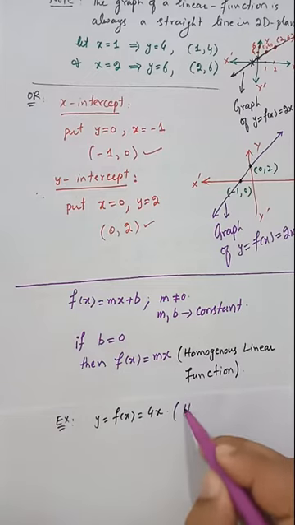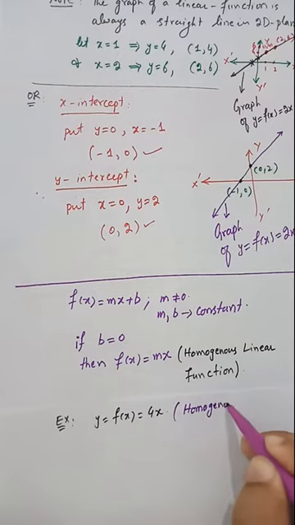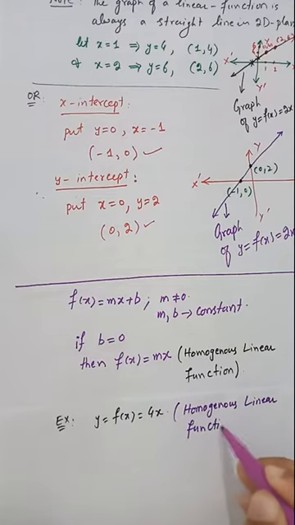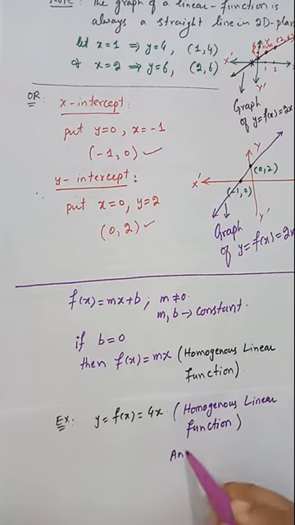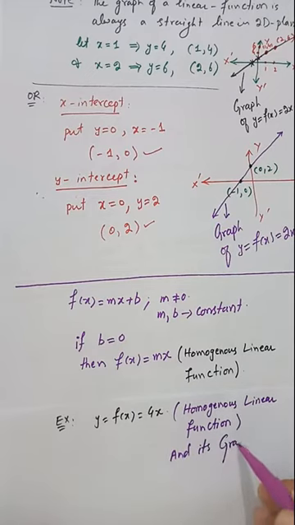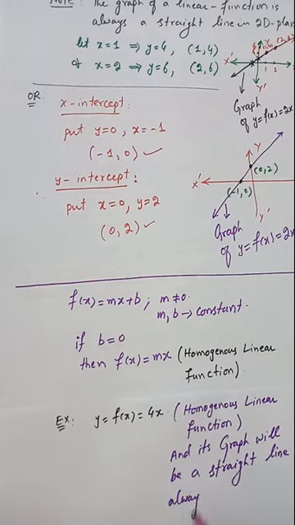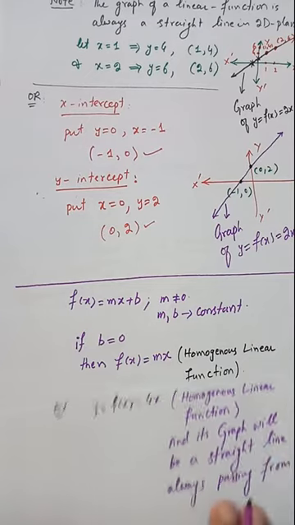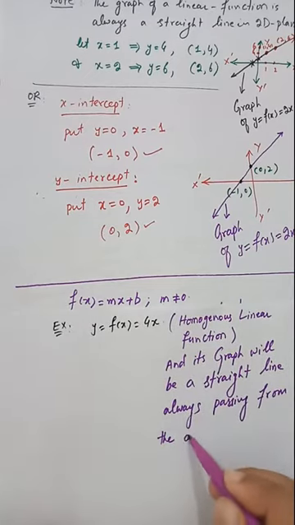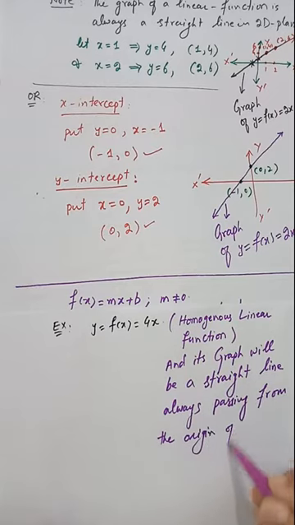So this is a homogeneous linear function, and its graph will be a straight line always passing through the origin of the xy plane.